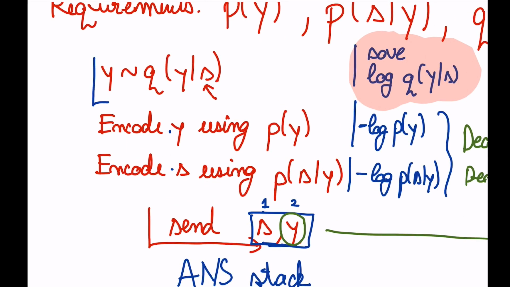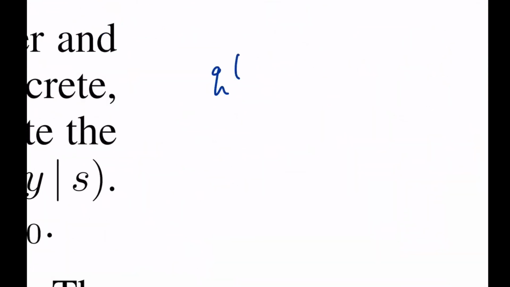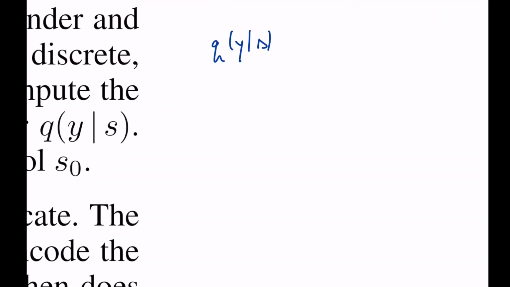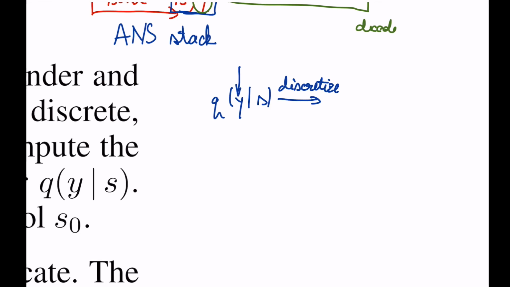So here we assume that this is random sampling. How do you do random sampling? Let's say that we take a distribution, Q of Y given S, and we need to discretize it because when we train, for example, an autoencoder, this thing is going to be continuous. But when we work with compression, we can't compress real numbers.